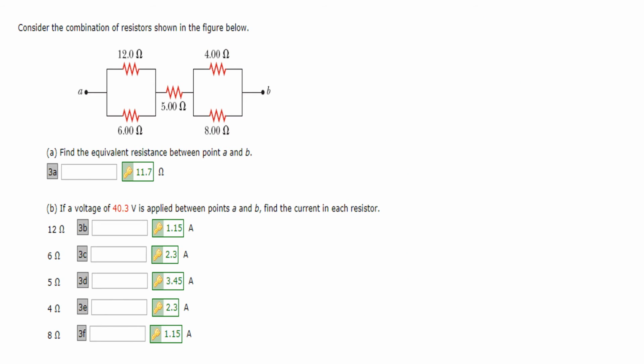Moving on, let me just redraw our complex combination of the resistors in this problem. We were able to come up with a simple series combination wherein this is our R12, R3, and R45. Let me label it.